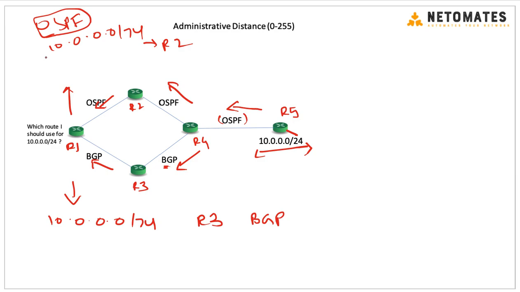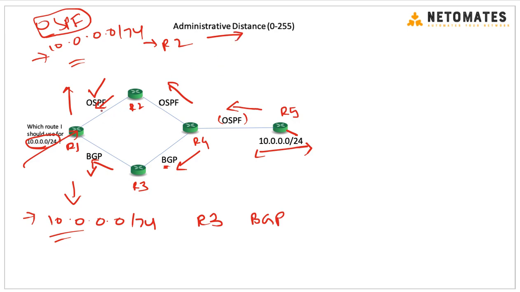In this case it is receiving information about the same network. So when it receives a packet with the destination IP falling in this range, which one should it use? Should it prefer the OSPF route or the BGP route? For that there is a concept called administrative distance.